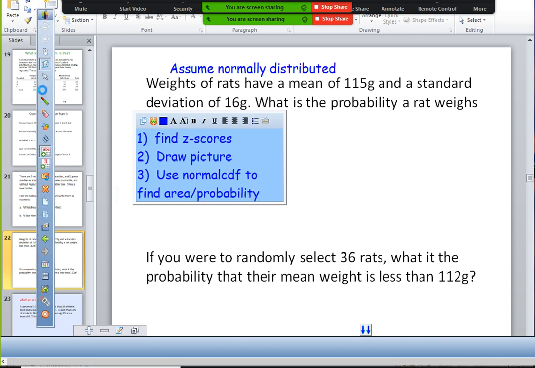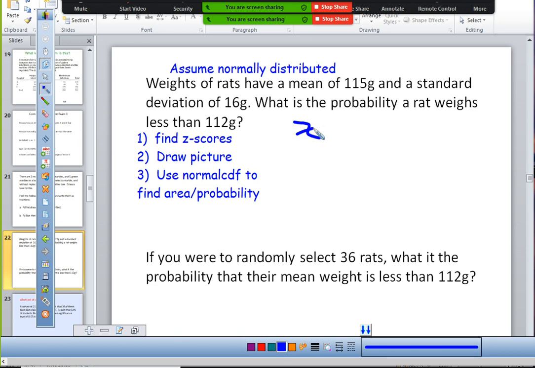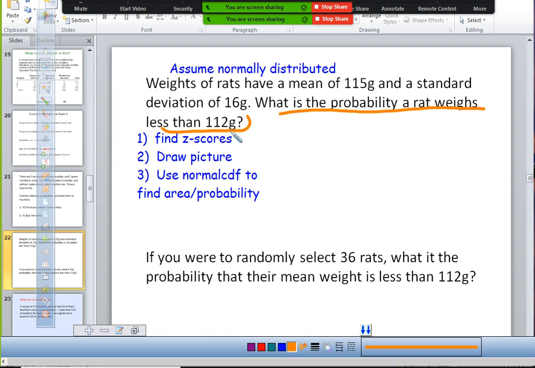All right, so find my z-score. What is the probability that he weighs less than 112? So that's my item of interest, that's my x.